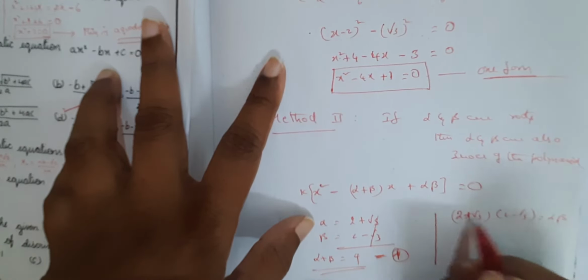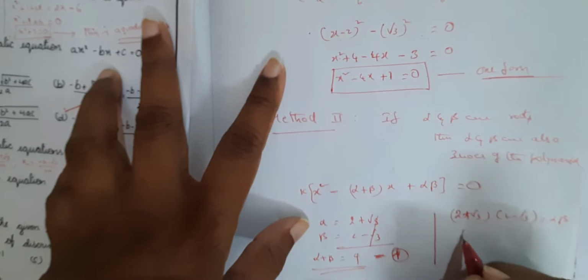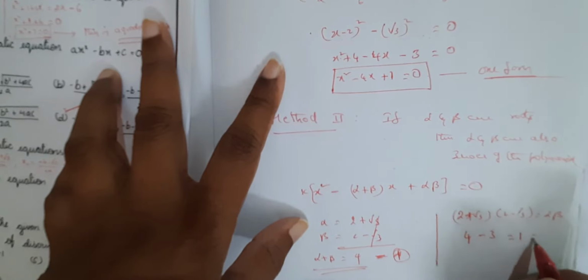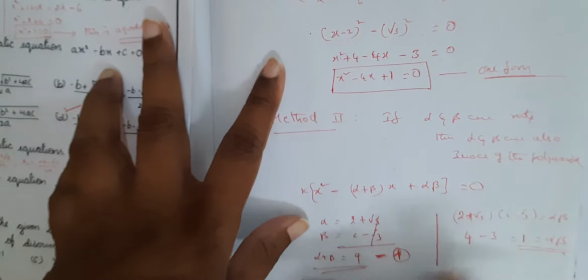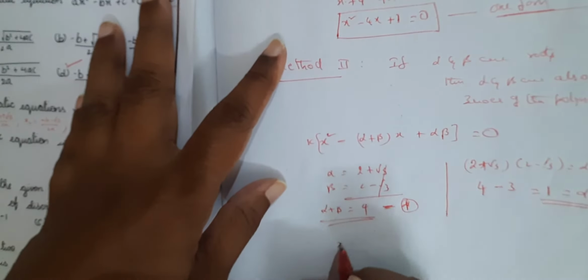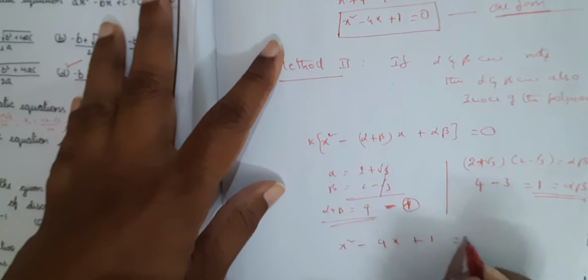So a plus b into a minus b is a square minus b square. So therefore that is 4 minus 3, which is equal to 1, which is alpha beta. So now I got alpha beta value and alpha plus beta value. Substituting in this, I will get the quadratic equation as x square minus 4x plus 1 is equal to 0.